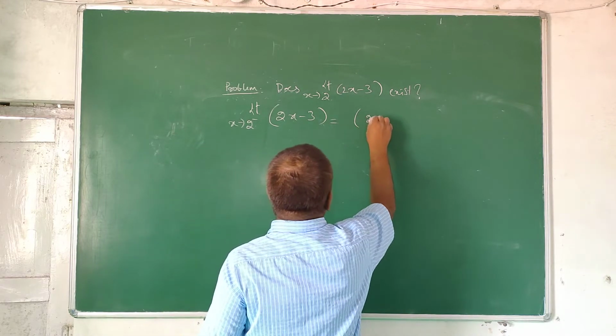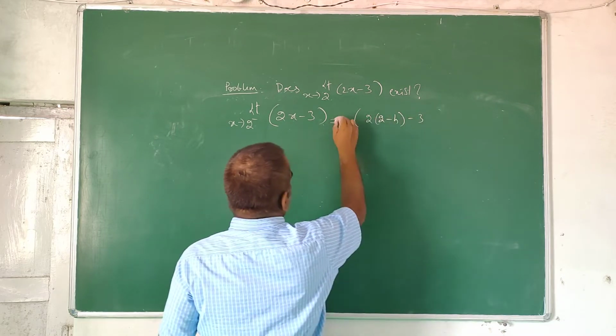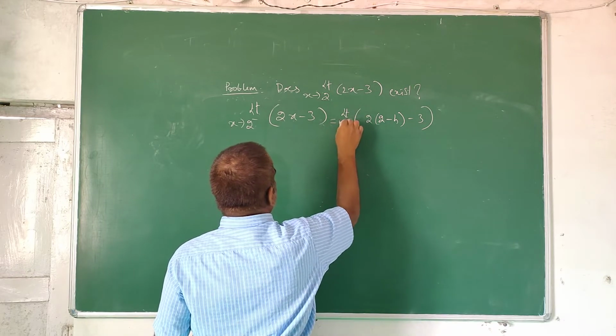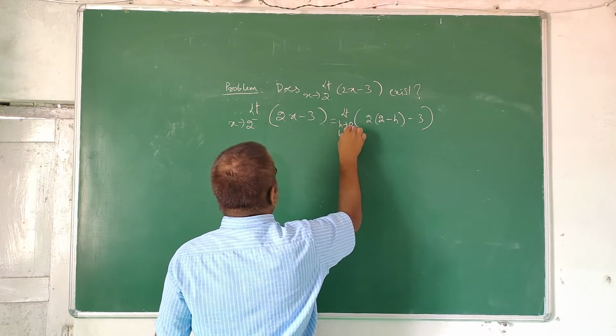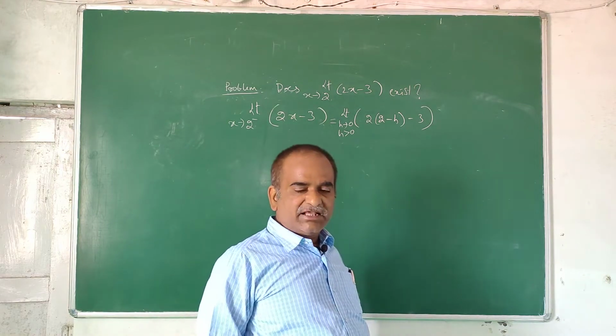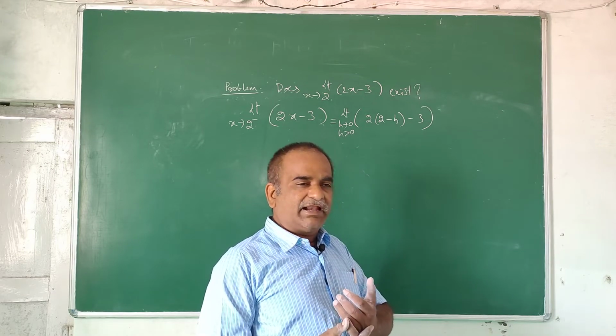So 2 into (2 minus h) minus 3, limit h tends to 0, h is greater than 0. You have changed the variable from x to h.